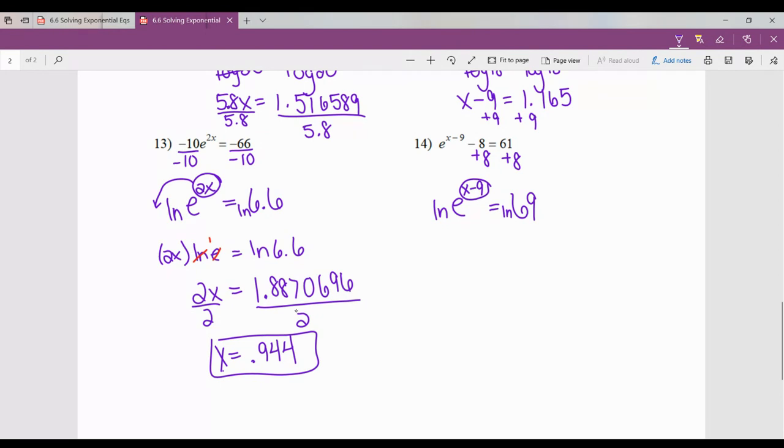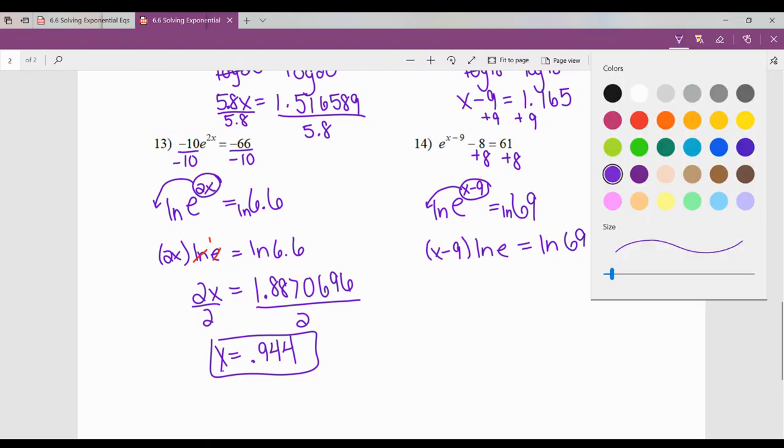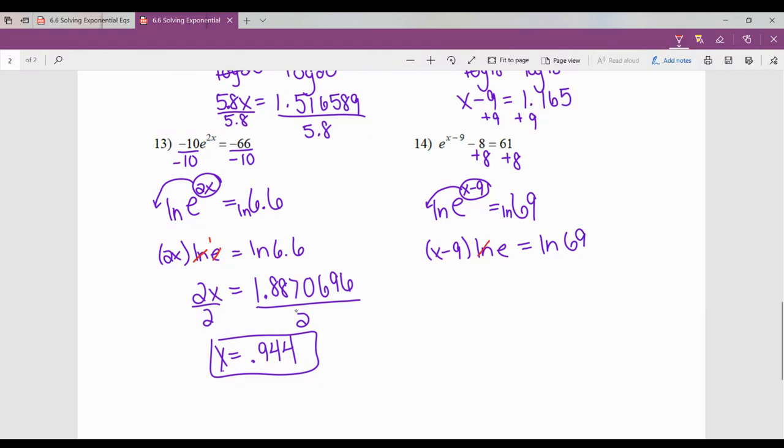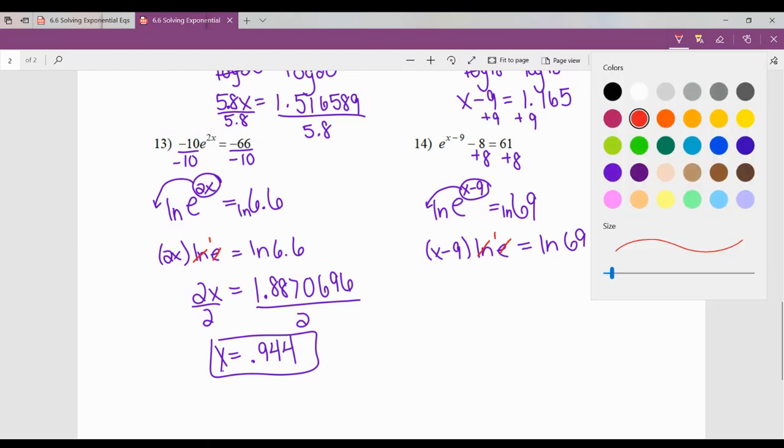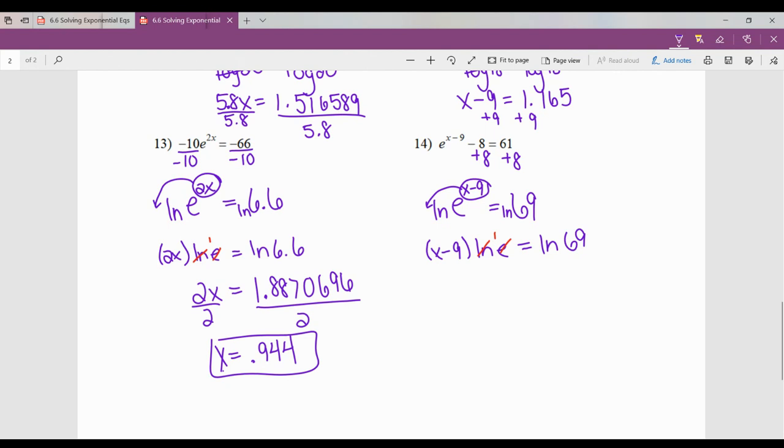We're going to take that exponent and bump it down in front. So it's going to be x minus 9 times ln e equals ln of 69. All right, and now we've got ln and e are inverses, so they cancel each other out to equal 1. So we've got x minus 9 times 1, that's x minus 9, equals ln of 69.